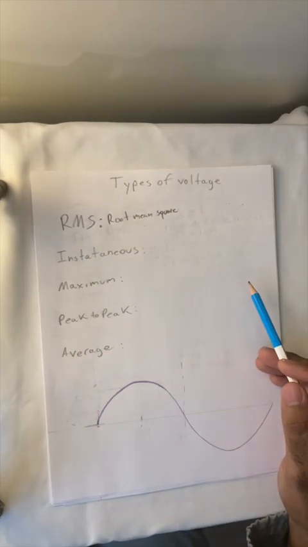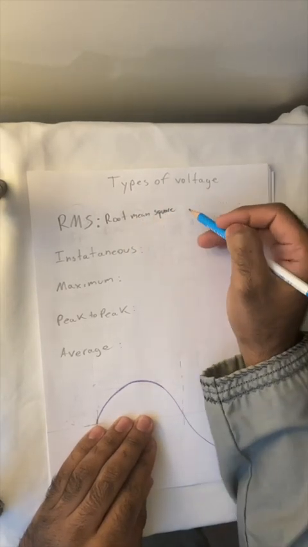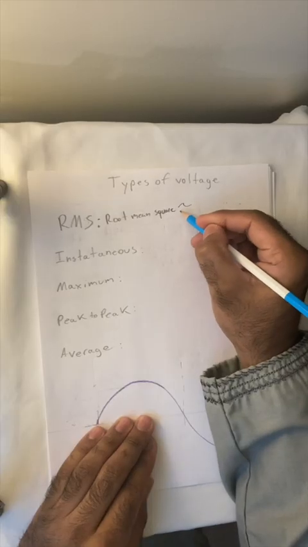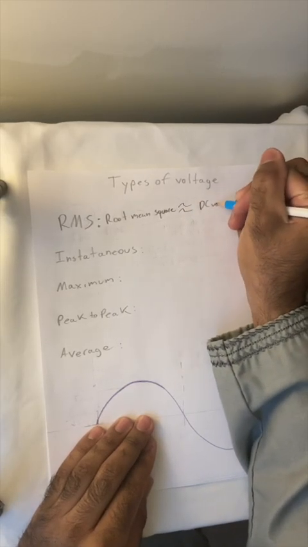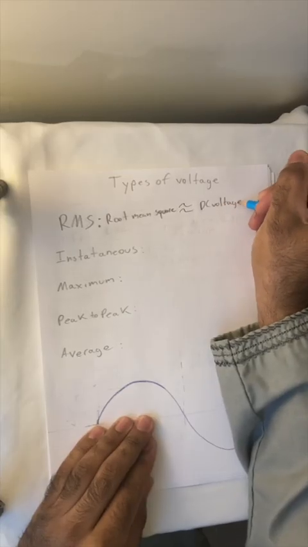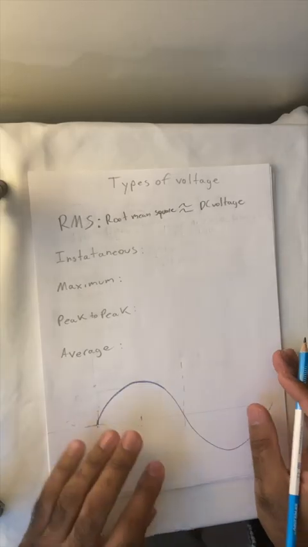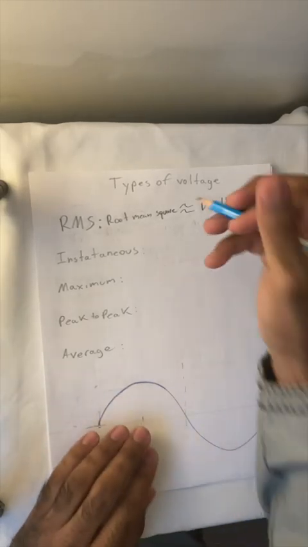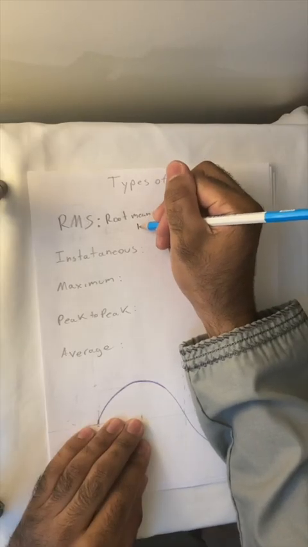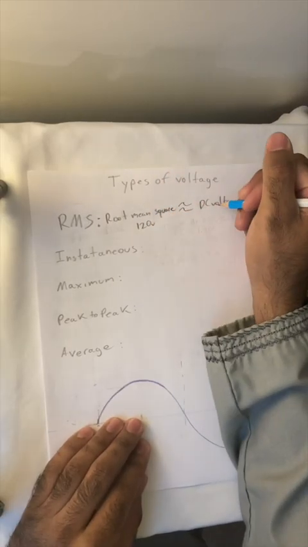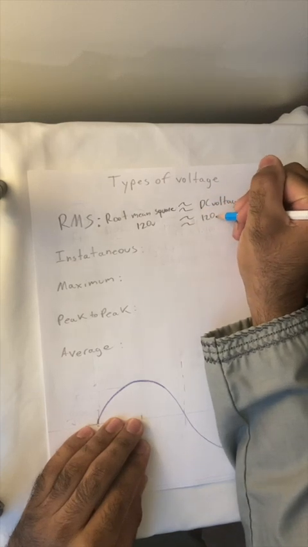RMS is the root mean square. This is the value which is equivalent to steady state DC voltage. So an RMS voltage of 120 volts is equivalent to 120 volts DC.